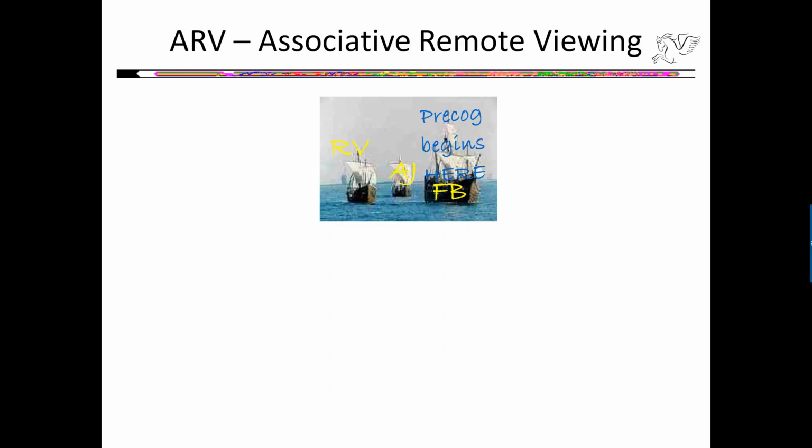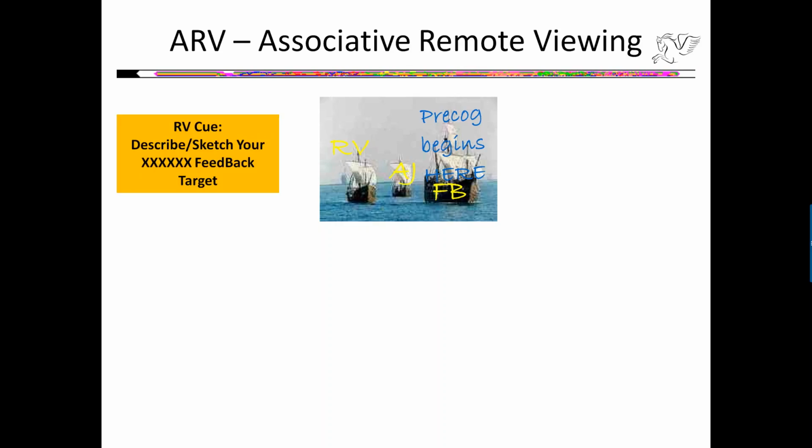And so let me tell you that remote viewing has basically three different sessions. There's the remote viewing session, there's the precog feedback session, and I like to always say precognition begins here because your tasking is to describe and sketch your, and you all know we have a 6-digit random coordinate feedback target.